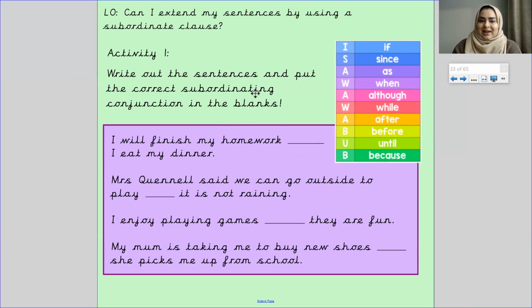So you fill in the blanks. So for example, the first one says, I will finish my homework, blank, I eat my dinner. Which word do you think fits the best in this sentence? Fantastic, it's after. I will finish my homework after I eat my dinner.